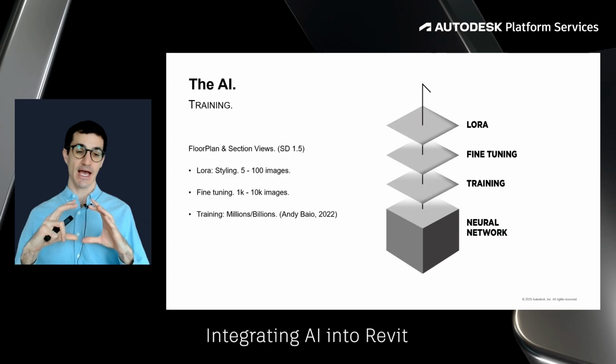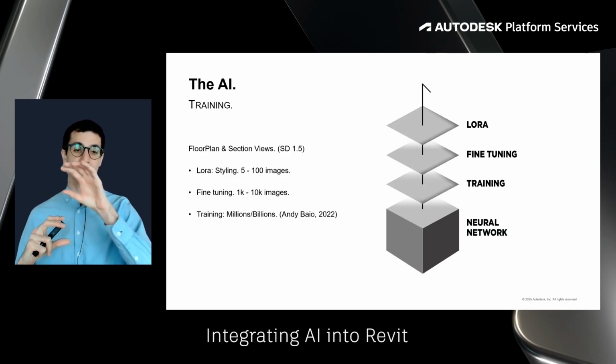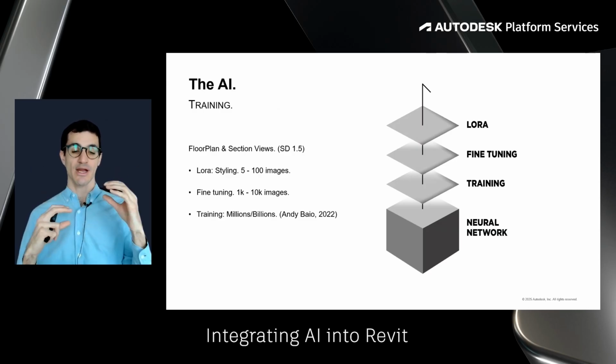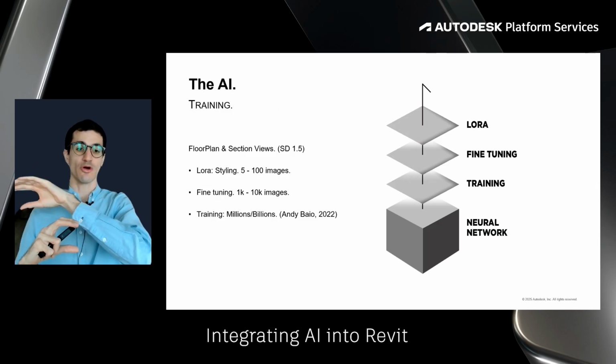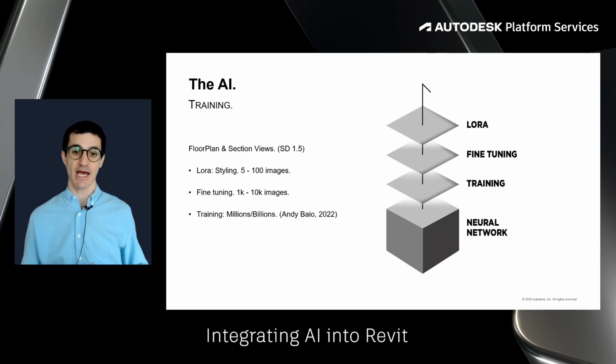So we can have a main model and then different LoRAs. Whenever we make a call, we specify the model we want to use, but also which LoRA. That's pretty handy if you have different use cases that can help you produce different results, for example, different styles of images and so on.